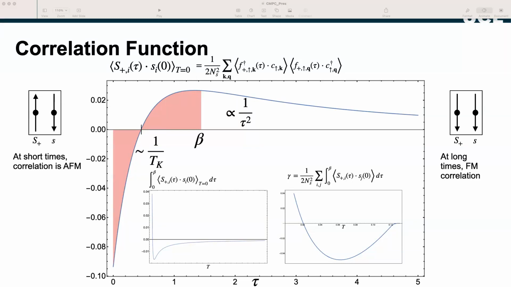In materials such as you showed, some cerium materials, yes, and I know this phenomenon also occurs in a very famous ytterbium system, ytterbium rhodium two silicon two, in both those cases, I think it's very likely that the problem is not underscreened, that the number of screening channels equals the spin.